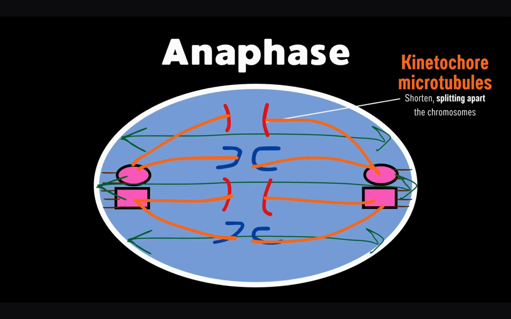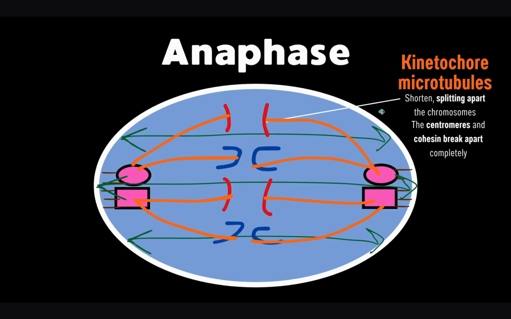So think of it like a rubber band. When the rubber bands are pretty long, right? But when you let go and shorten, they pull everything back with them, which creates like a lot of force that snaps the chromosomes apart.